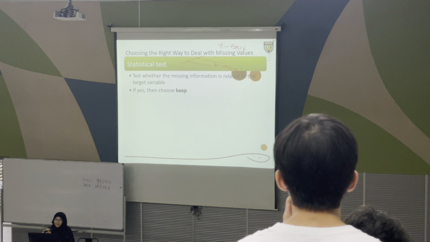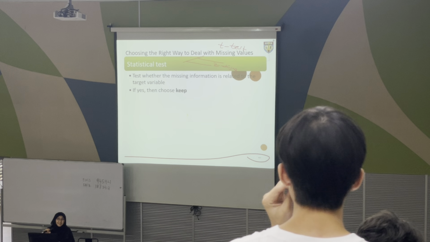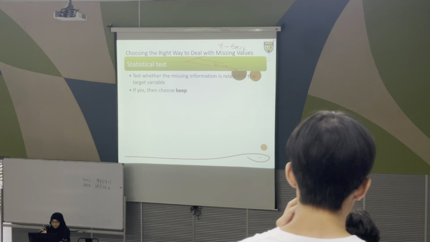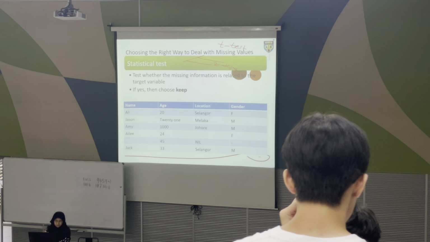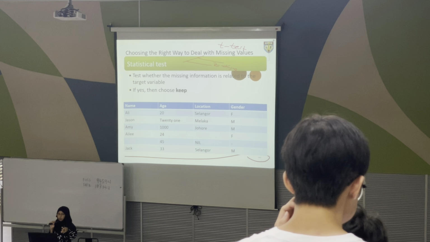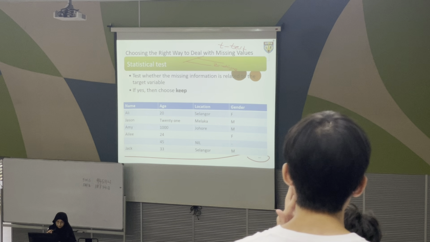General knowledge. What else? Identify the correlation and so on. Okay. So for example, for all of these four attributes, you want to delete the attribute or feature age.